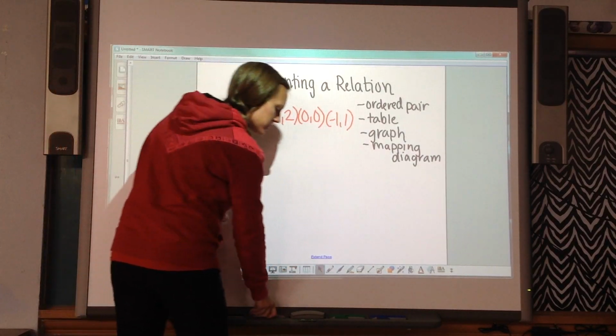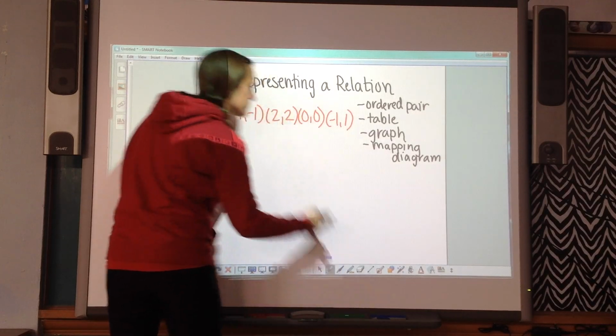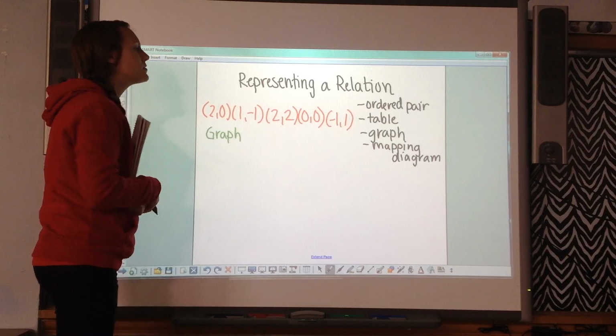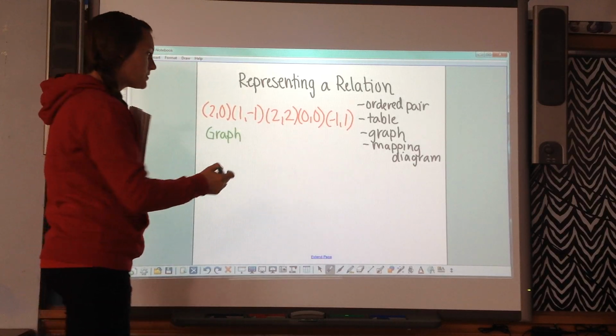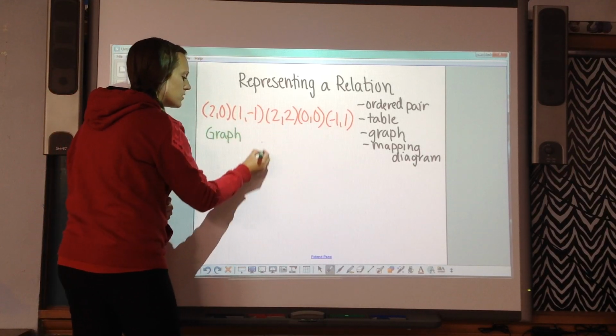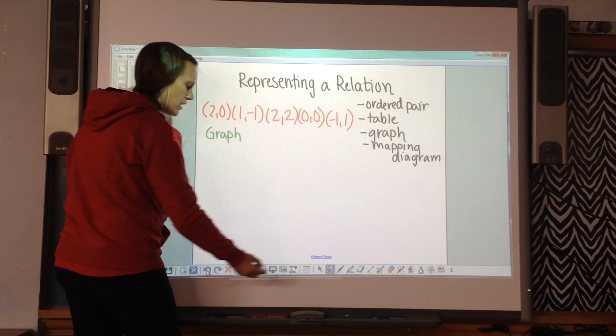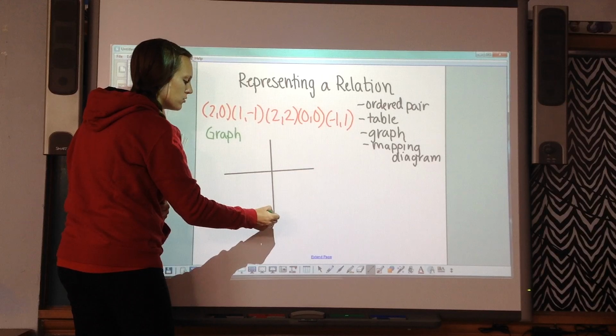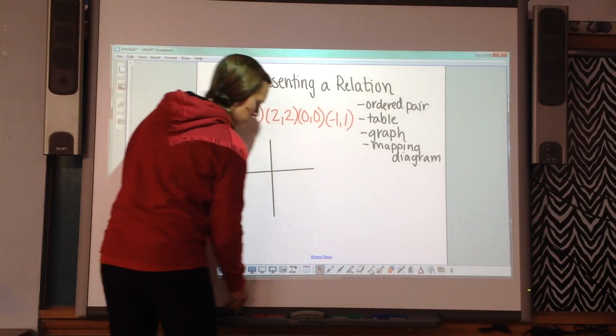Let's first represent this using a graph. This is simply just the x and y axis, and you're plotting these points. I'm going to use some straight lines. It's probably important for you to use a straight edge or a ruler to do this as well.